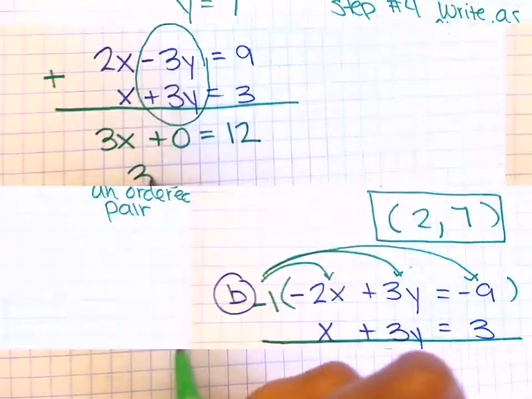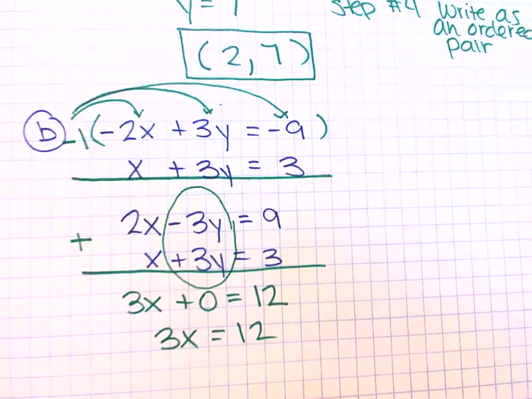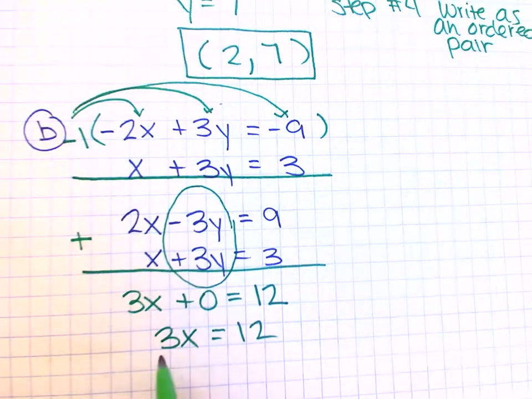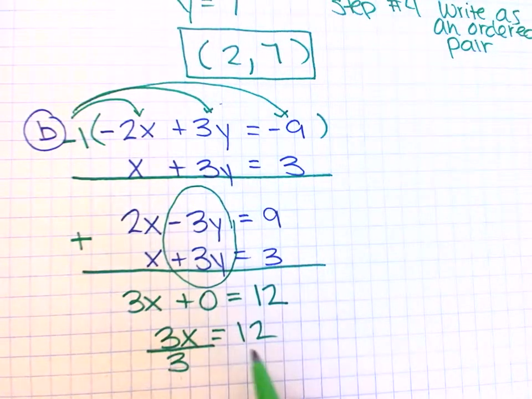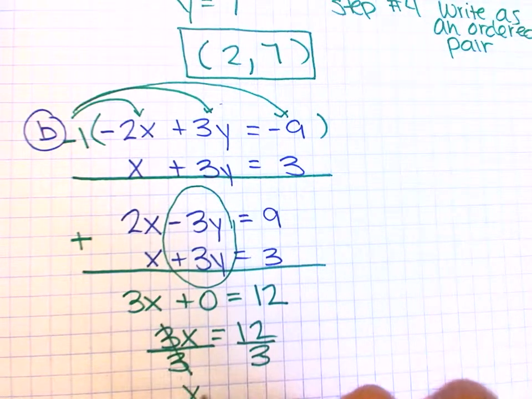So then I'm left with 3x equals 12. In order to make x by itself, isolate the variable by dividing by positive 3. And x equals 4.